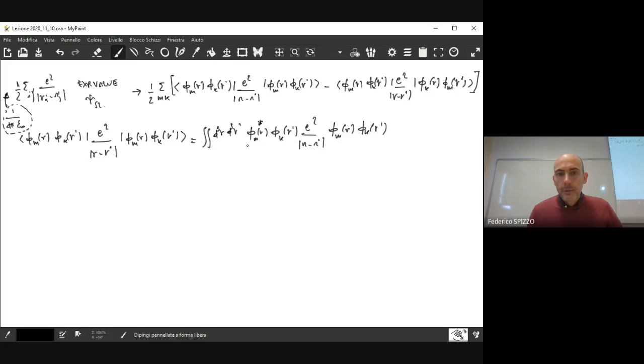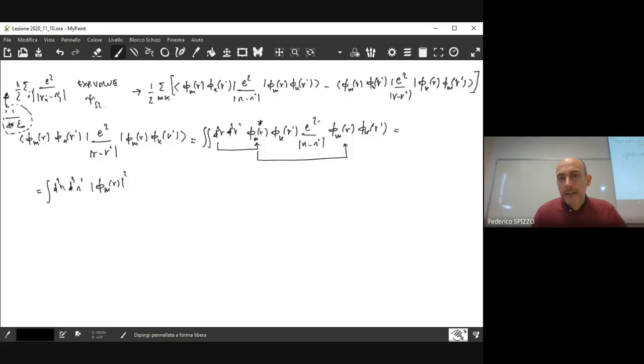Here the coordinate r corresponds to phi m conjugate on this side and to phi m on the other side, so we may group the conjugate of the m level with the wave function corresponding to the m level, and just write the square modulus of phi m.